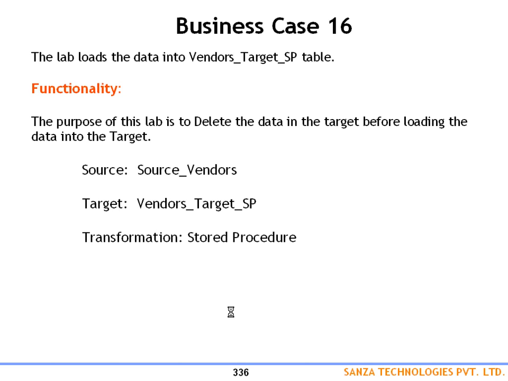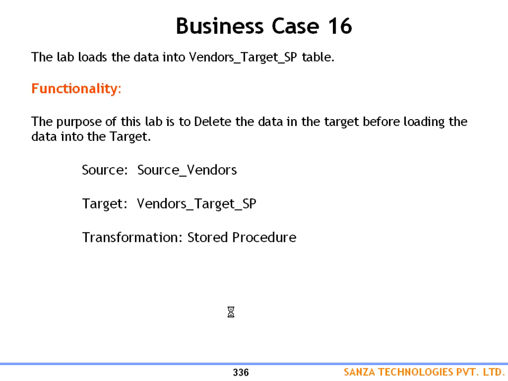Whenever I load the data fresh into my target table, before I load, I need to delete the data in the target table. This we have done by writing a target table properties override. There we say delete from target table name semicolon. That's also deleting the data before you load the data into the target. That is deleting the previous data.